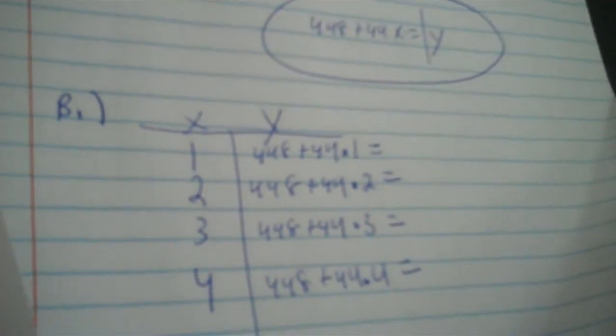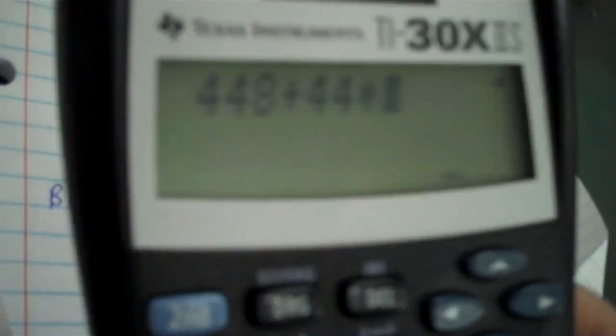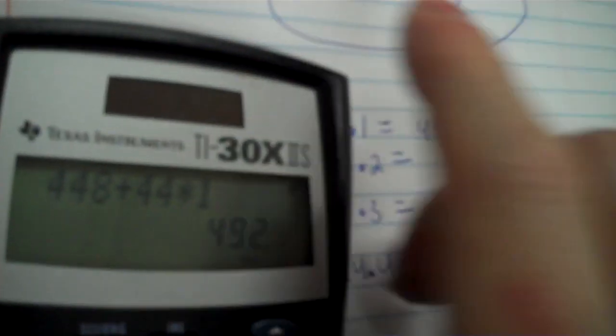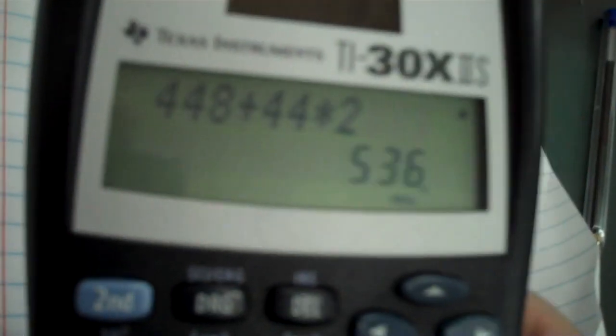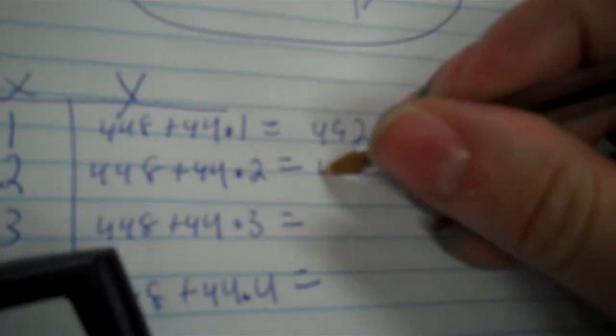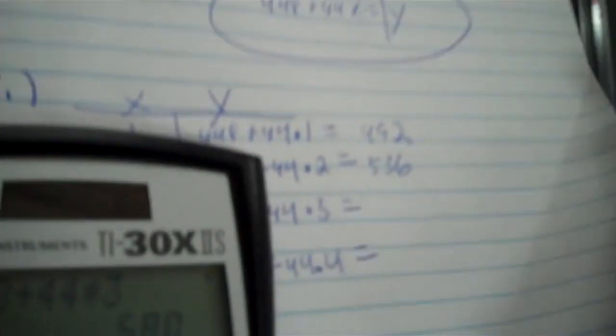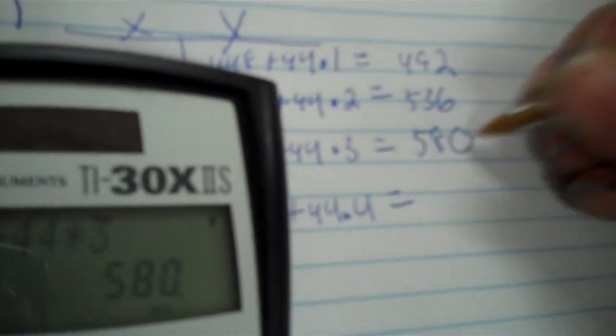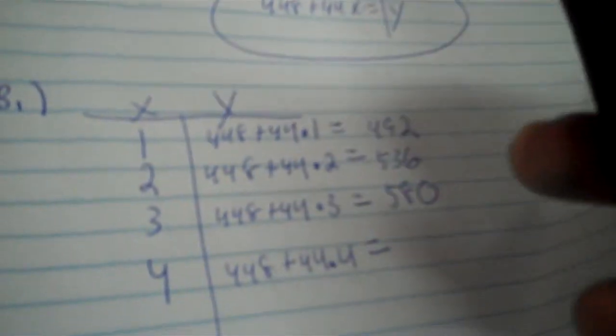I plug those into the calculator. So 448 plus 44 times 1, 492. 448 plus 44 times 2, 536. 448 plus 44 times 3, 580. Then 448 plus 44 times 4, 624.